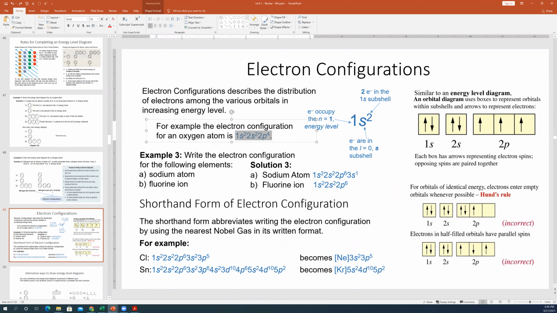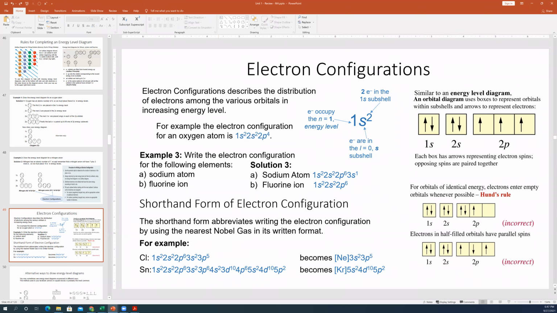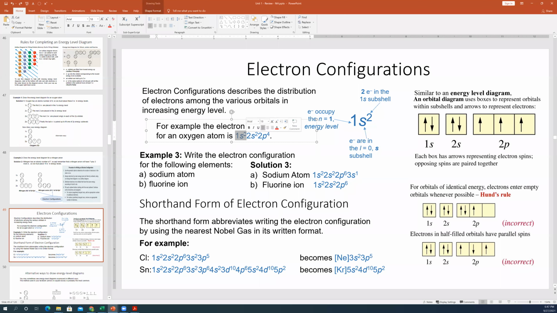It has 8 protons, so therefore 8 electrons. And these electrons, if you use that Aufbau diagram, start by filling the 1s orbital. 2 electrons can go in there. Once we've put 2 electrons in the 1s orbital, the next orbital available is the 2s orbital. 2 electrons go in there. And then you get to the 2p orbitals. The 2p orbitals, there's 3 of them, 1, 2, and 3.